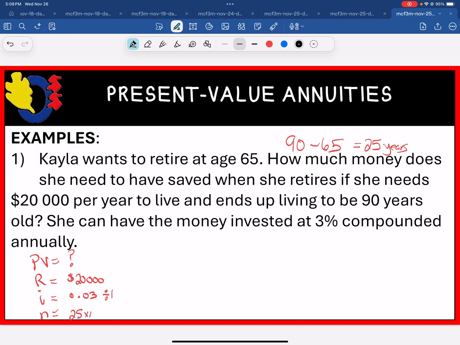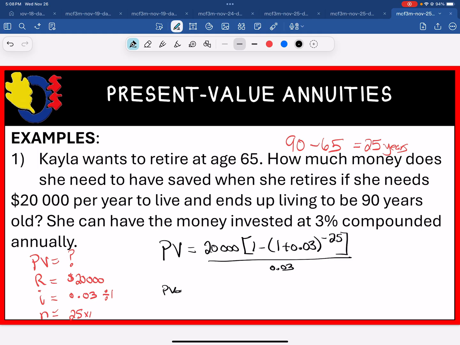Okay, next we're going to go ahead and plug that into our present value formula. So 20,000 times 1 minus 1 plus 0.03 to the exponent negative 25, all divided by 0.03.